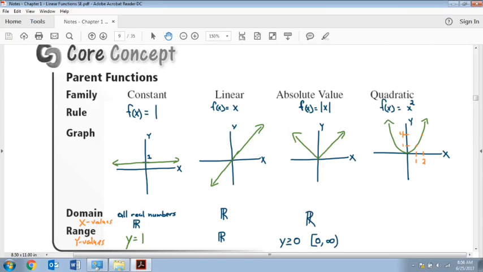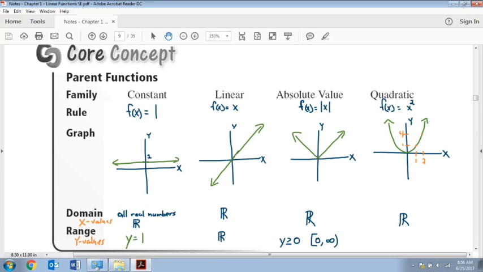The domain and range. I know it's going up like that, but it is going to the right forever. Even though it's going up to the left, it's also going left forever. So again, left to right forever, that's all real numbers. Kind of seeing a pattern of the domain yet? The range, however, the lowest point is right here at 0 and it goes up forever.